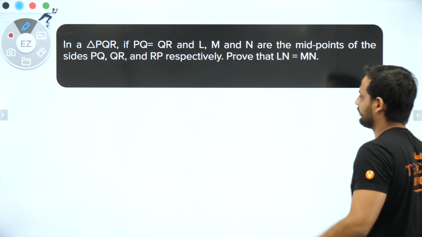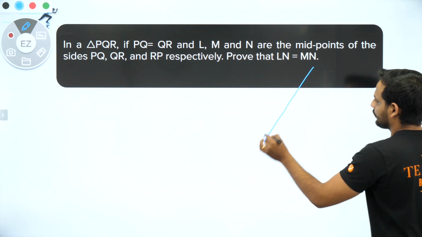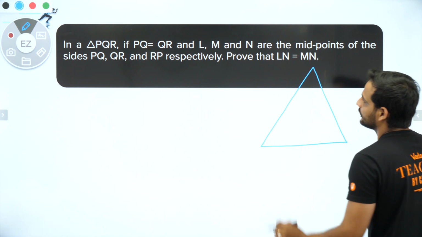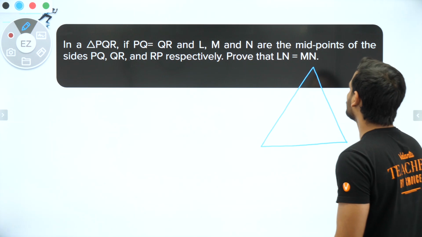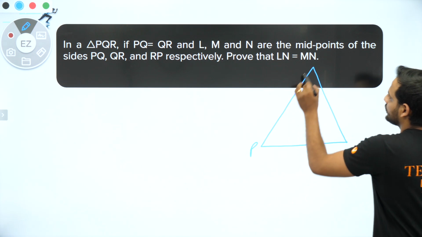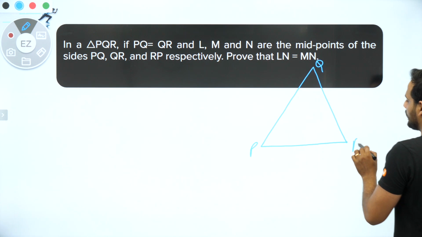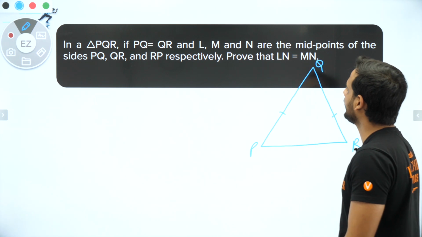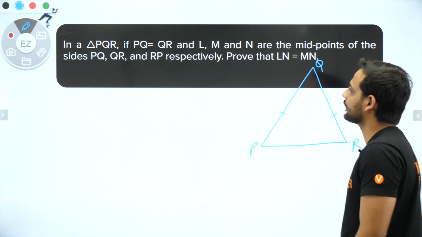So what we have is a triangle PQR. Let us draw a triangle PQR. This is your triangle PQR, in which they have told that PQ is equal to QR. Then they have told that L, M and N are the midpoints of the sides.